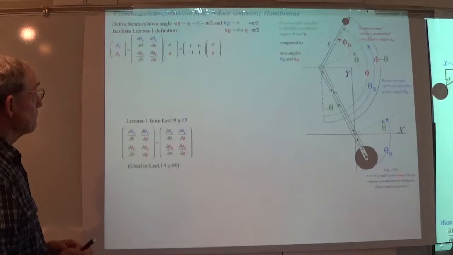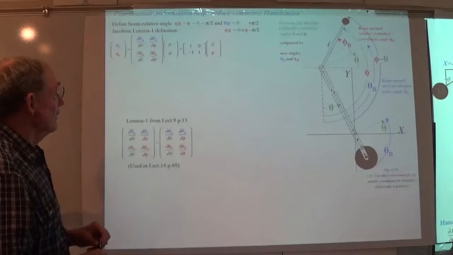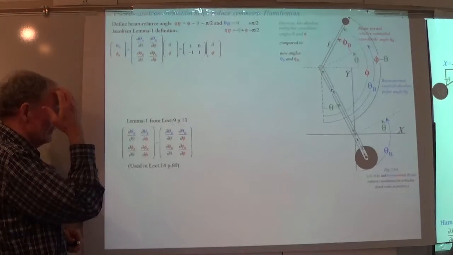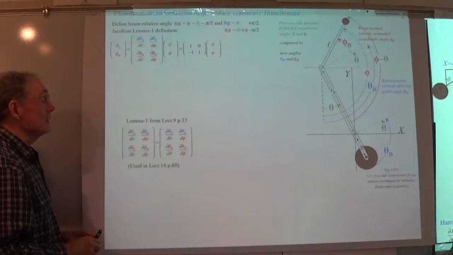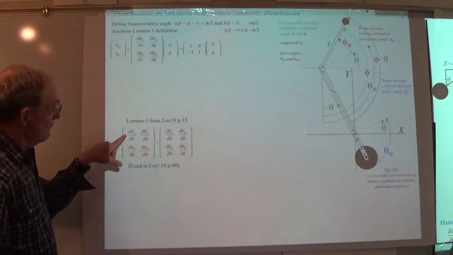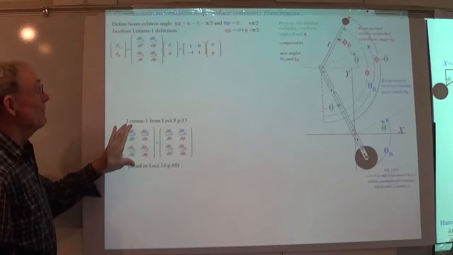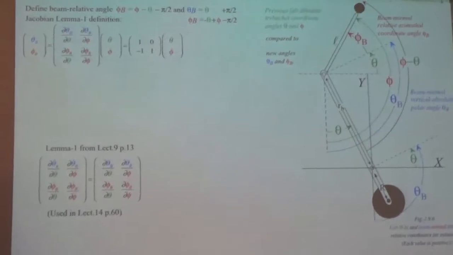Now, what we mean by a lemma 1 definition here, this is back on page 13 of lecture 9 when we first encountered Lagrange's tricks, his trickery. It was based on a lemma 1, in which a partial derivative made out of velocities, of a Jacobian made out of velocities, has to be equal to the Jacobian made out of curvatures.